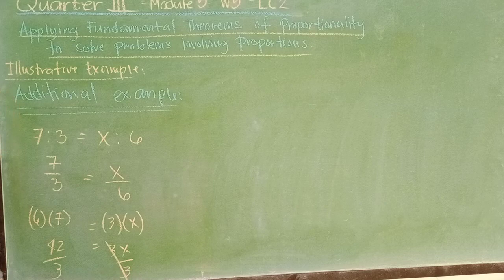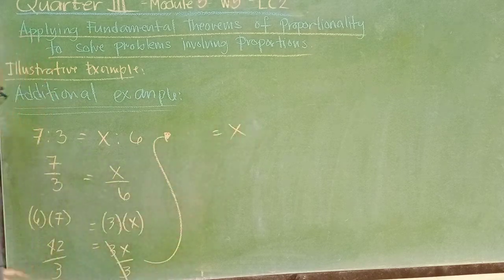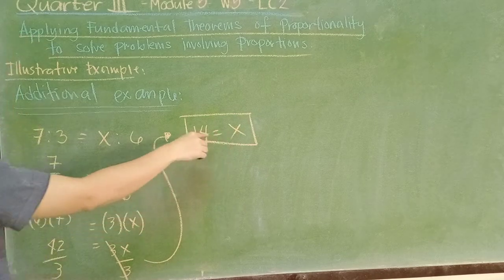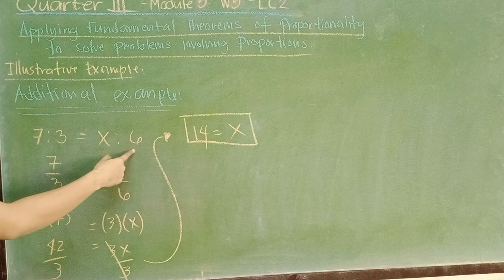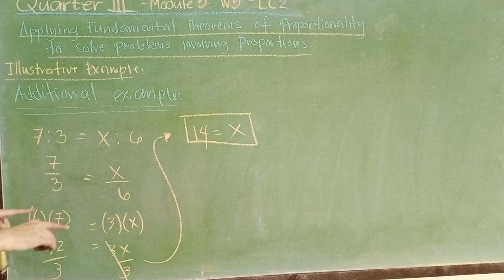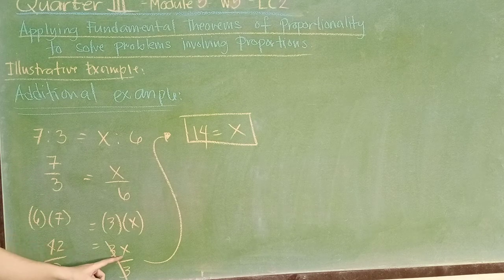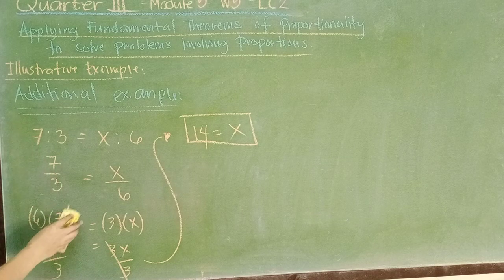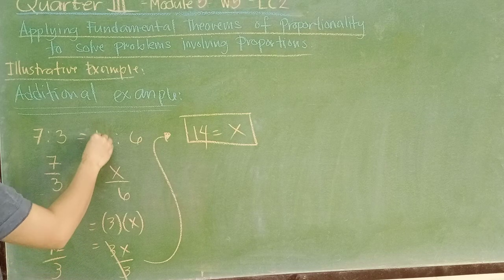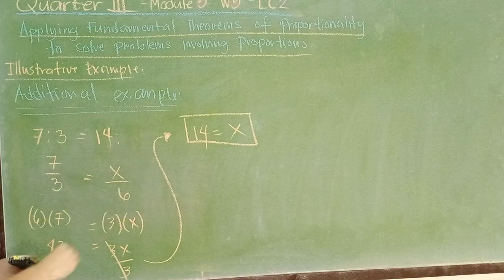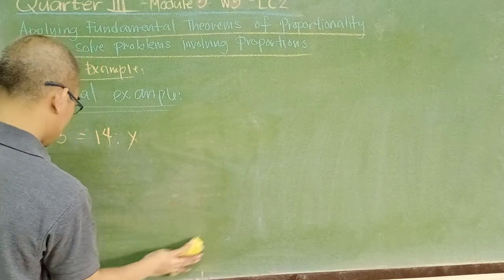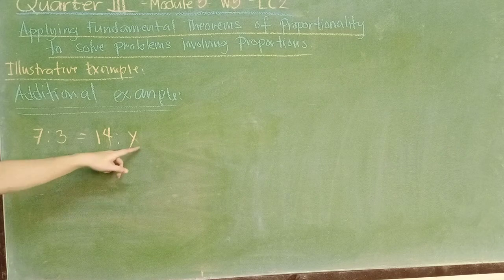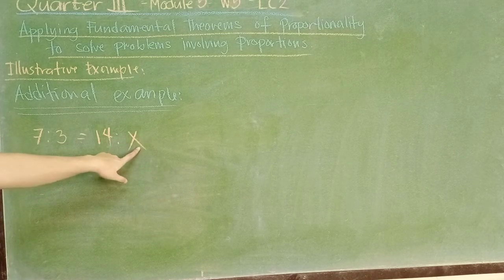So 3, cancel. The final answer will be 42 divided by 3, that will give you 14. So our x will be 14. Now, there are instances where the x is in a different position. It is the same procedure: cross multiply, and whatever is with the x, that is what you use as the divisor. So, for another example, let's say this is 14, and this is the x. We already know that the answer there is 6, but let's look at the solution when the x is here.